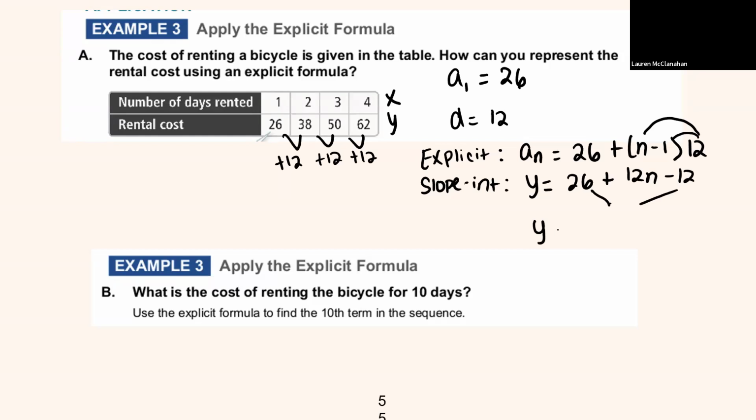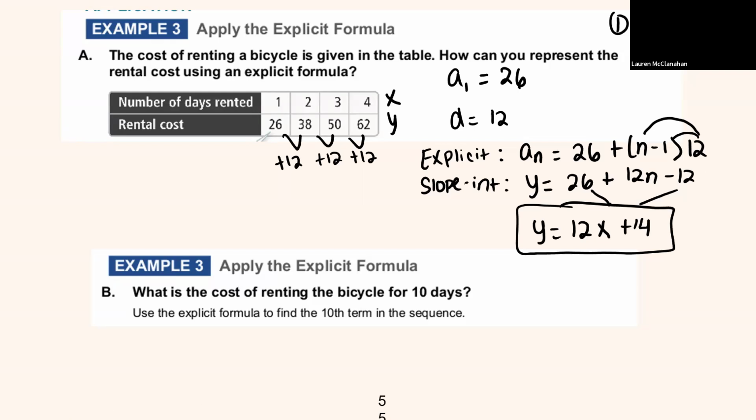So now I'm going to write y equals my number. Remember, my slope and common difference are always the same, so that makes sense: 12 and 12. So 12, and instead of this n, I want to change it to x because I'm writing it in slope-intercept form. And then 26 minus 12 is 14. So my slope-intercept form is y equals 12x plus 14. So to get from explicit to slope-intercept, you distribute, combine like terms, and then you have that.